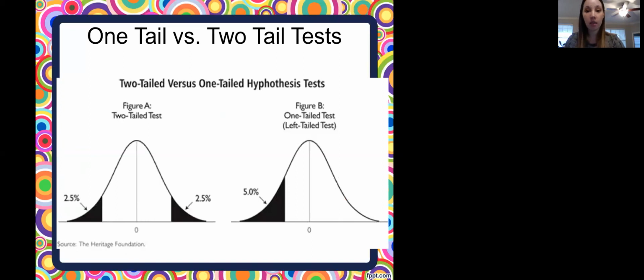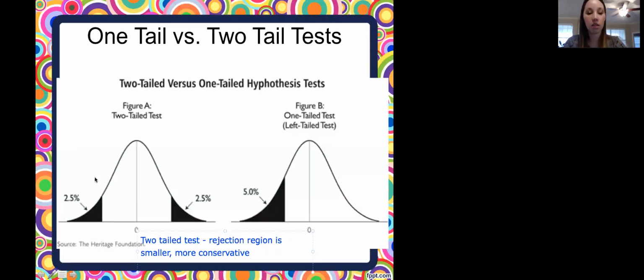So this test is a little more conservative. Because we have a smaller rejection region, we've got to get a really big t value in order to reject the null hypothesis.